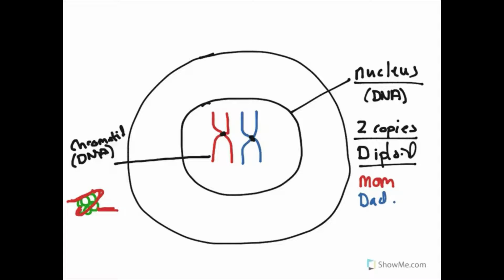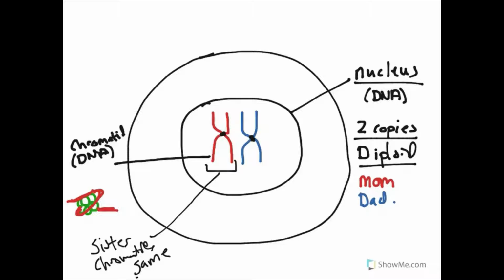Now, I do notice here that on the red one there are 2 chromatids. These chromatids are called sister chromatids. Sister chromatids. That now is very important. They are genetically the same.